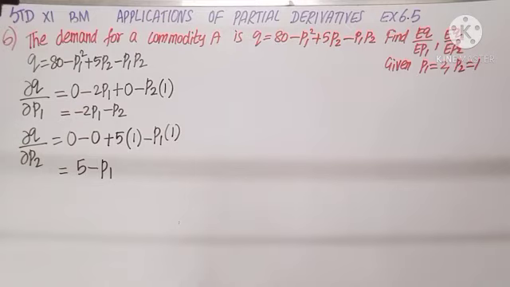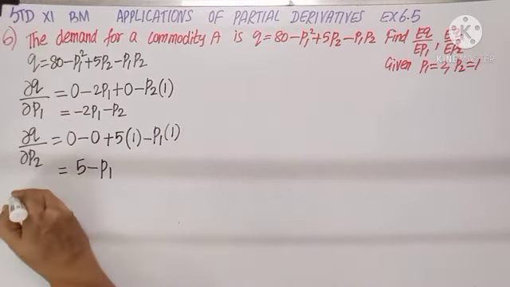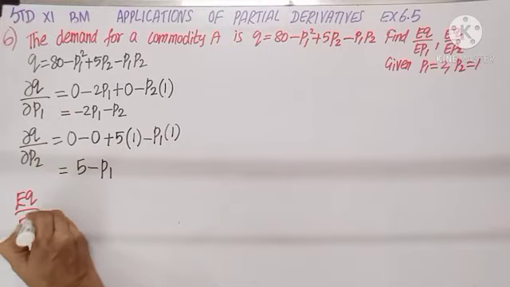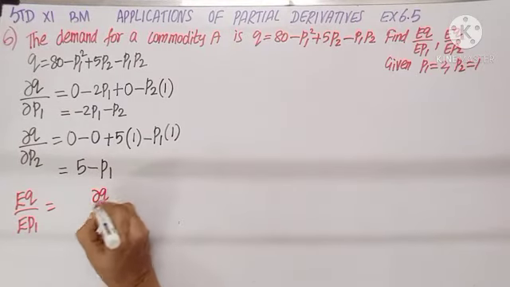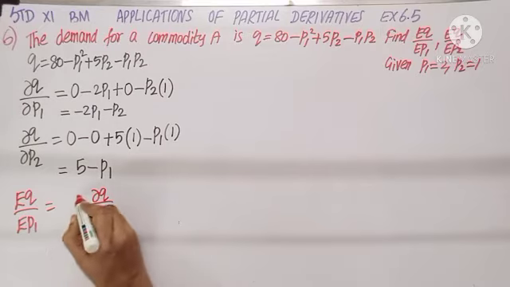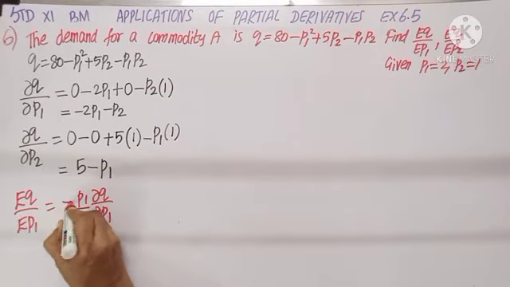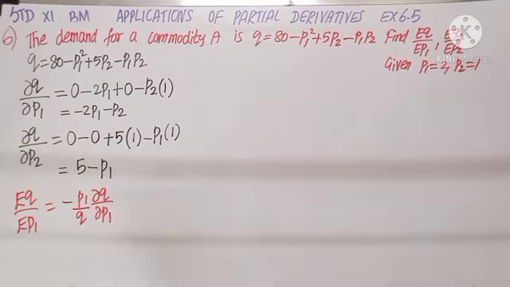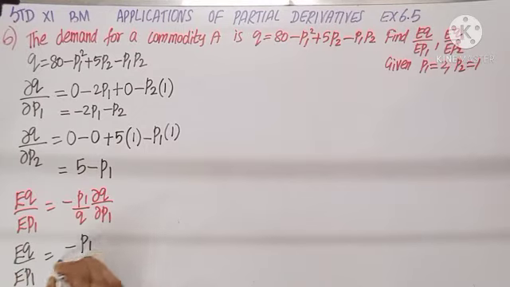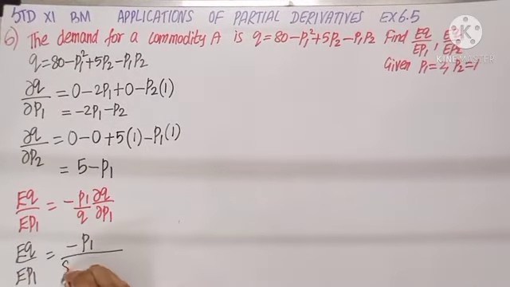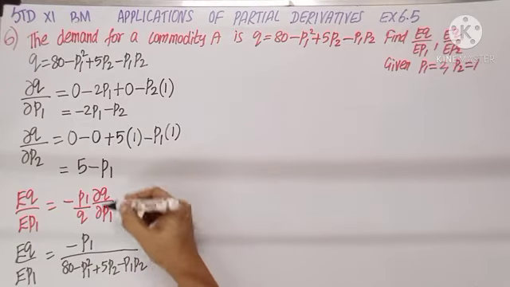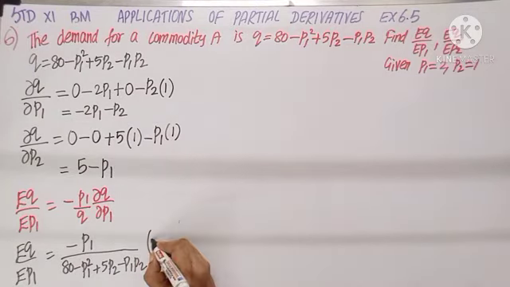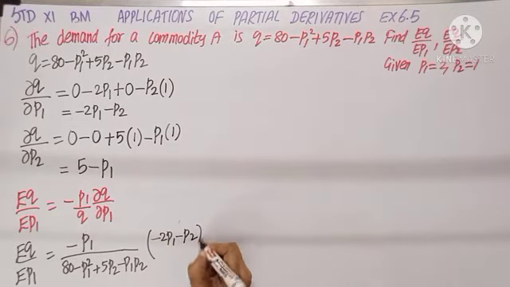Now let us write the formula for EQ by EP1. It is dou Q by dou P1, reciprocate P1 by Q. Remember to put minus symbol. So EQ by EP1 is minus P1 by Q, where Q from the question is 80 minus P1 square plus 5P2 minus P1 P2, into dou Q by dou P1, which is minus 2P1 minus P2.